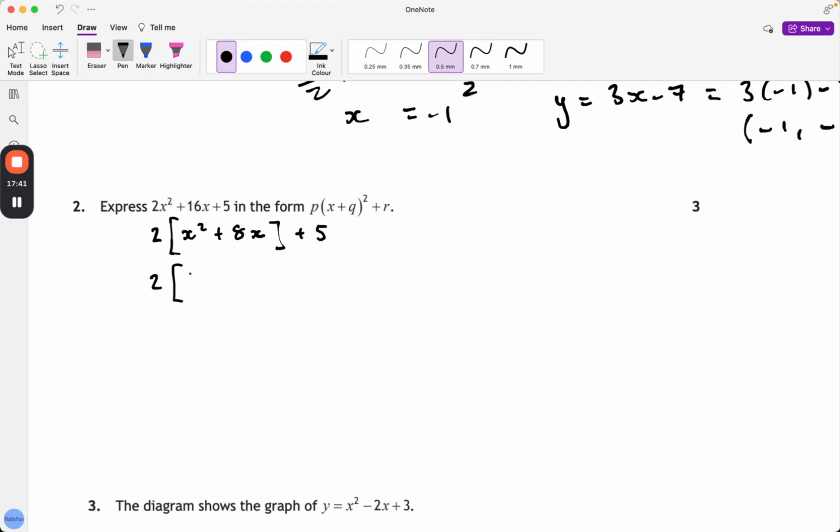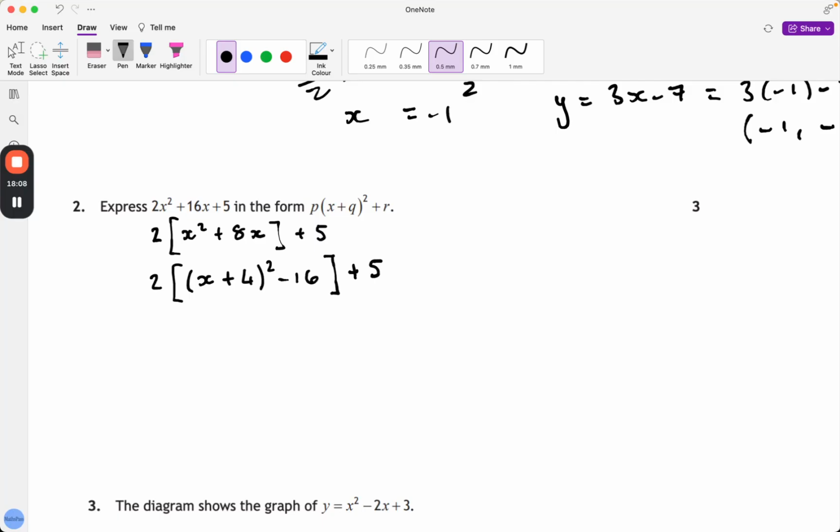And then what we normally do is write our bracket with your x and you keep that sign the same. So we're going to have x plus, and then we want to half the coefficient of x. So because we've got an 8x here, we're going to half it to get 4, and then we close that and put a square there. Your next step is to subtract this number squared. So 4 squared is 16, so we're going to have minus 16, and then I'm just going to close that square bracket and keep my plus 5 there.